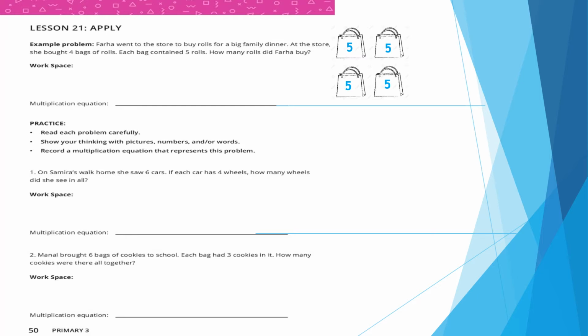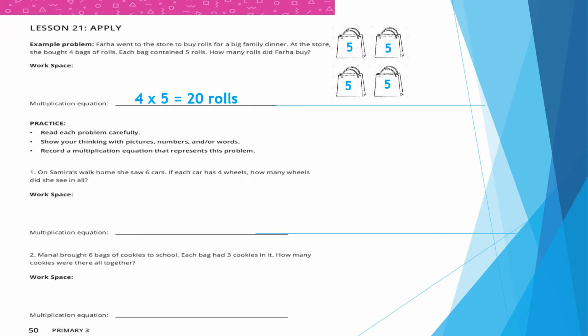So we have 4 bags of 5 rolls in each bag. The multiplication equation will be 4 times 5, because the 5 here is repeated 4 times. So 4 times 5 equals what?